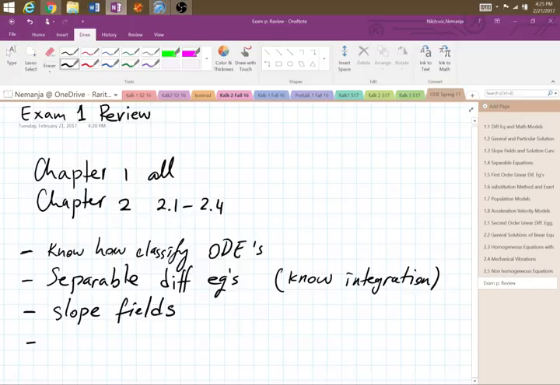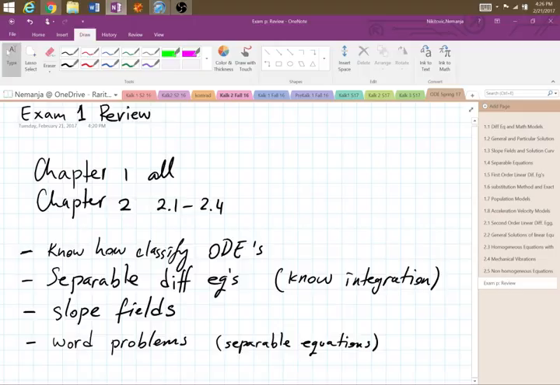Now we have the word problems, which deal with population and so on. So this is usually separable equations. They're talking about population. You're talking about Newton's law of cooling and that kind of stuff. Nothing spectacular.